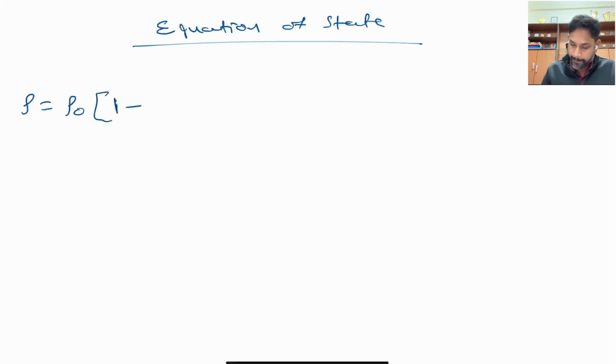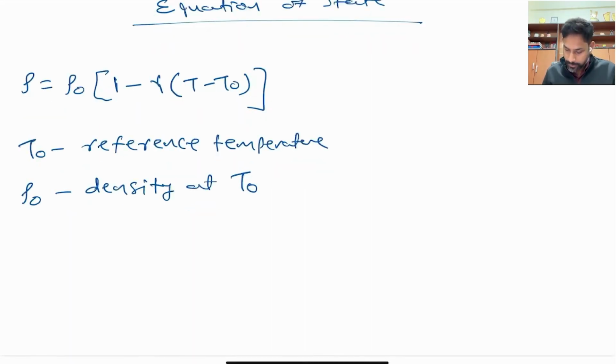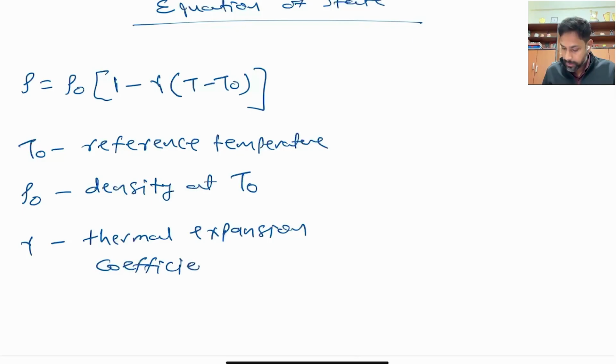So here it is rho equals rho naught times 1 minus gamma (T minus T naught), where T naught is the reference temperature, rho naught is the density at T naught, and gamma is the thermal expansion coefficient.